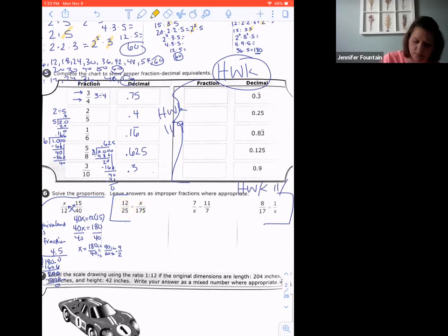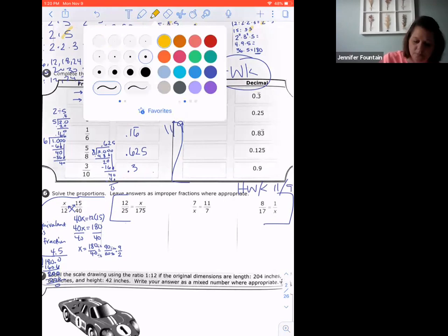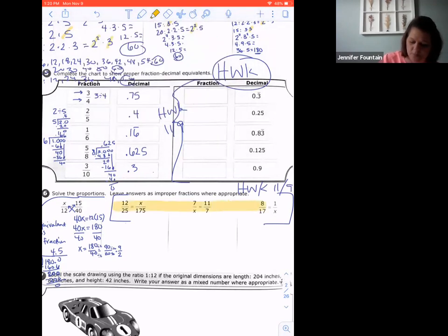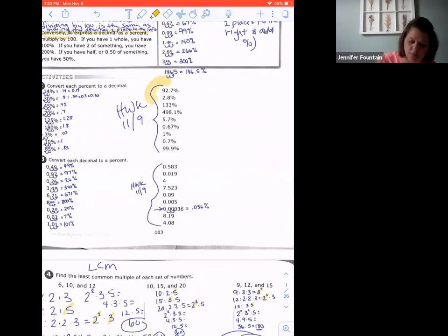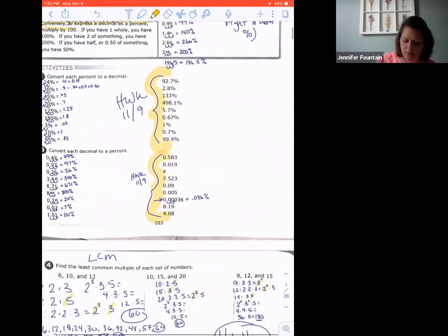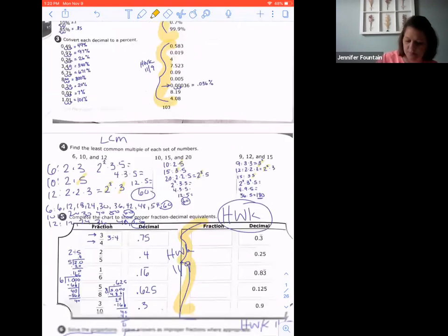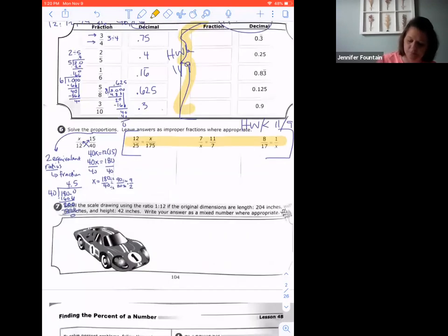Let me make my pen brighter. Okay, we're doing those 3. So here we have homework here, and here. Any questions about any of that?